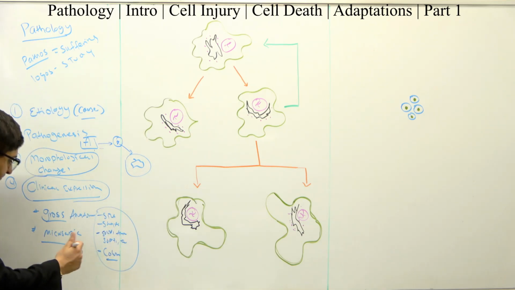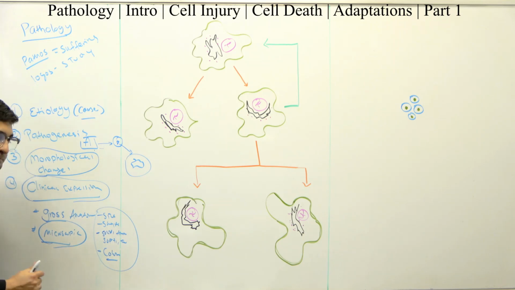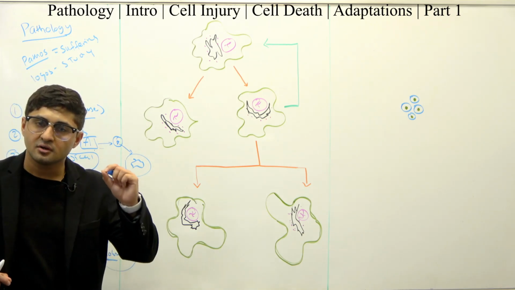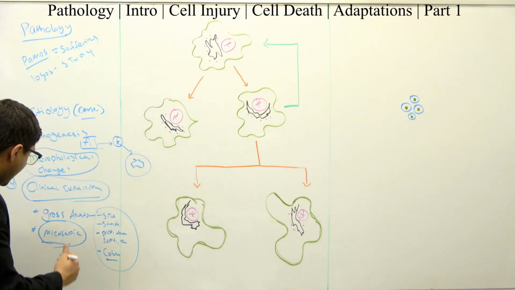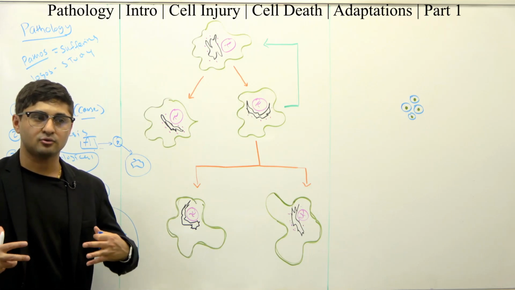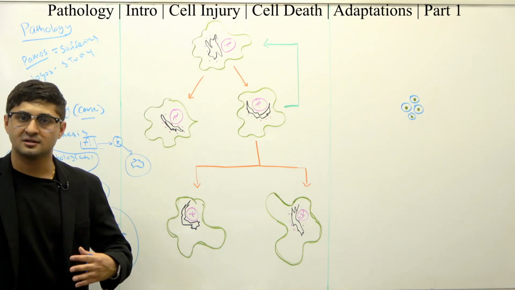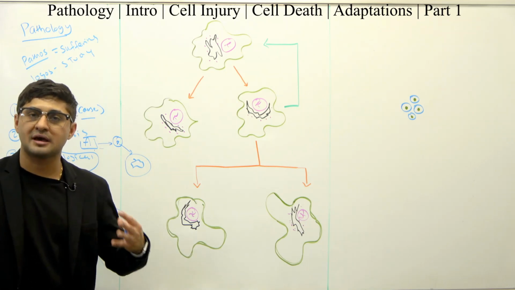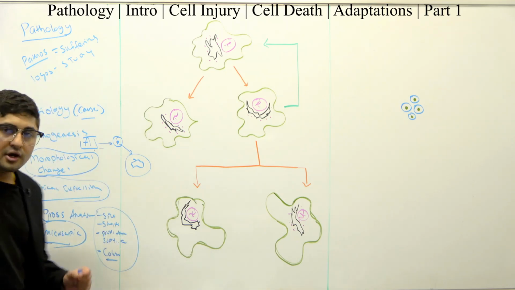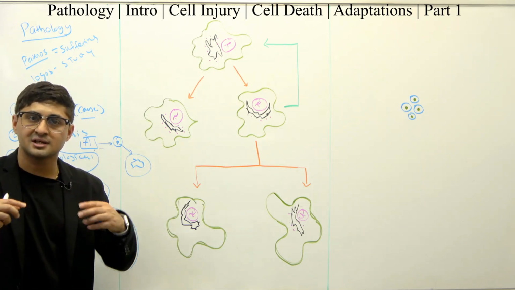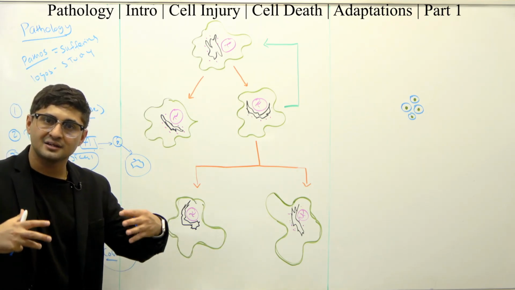Then after that, in order to correctly identify what the disease or the problem is, we have to look at the microscopic. We have to look microscopically, meaning we use certain stains or certain immunohistochemical antibodies to identify which cell or what part of the cell is problematic so we can treat it.